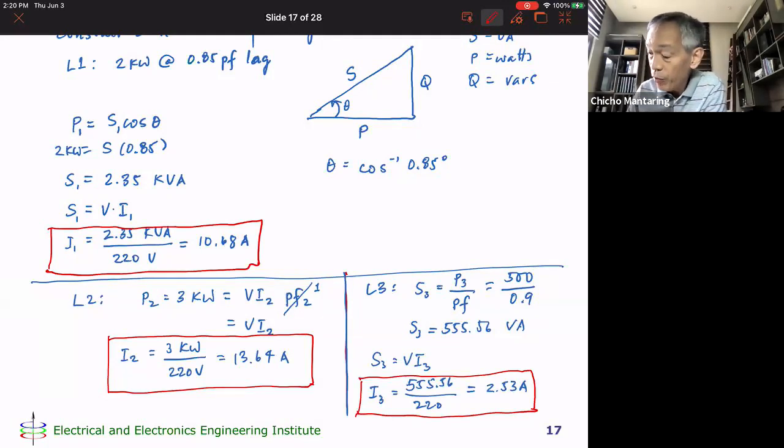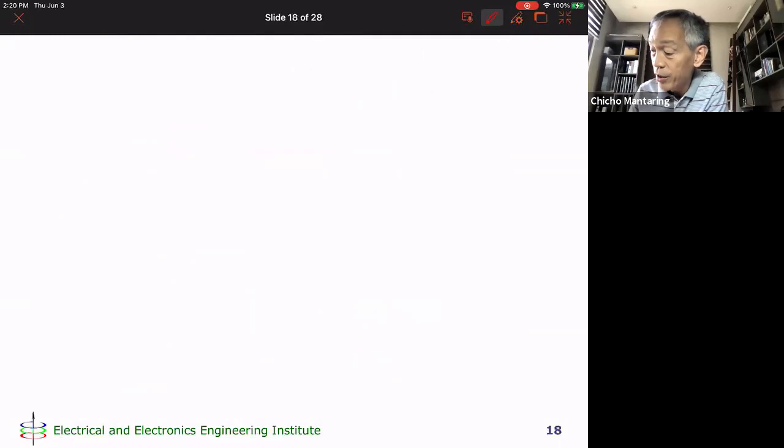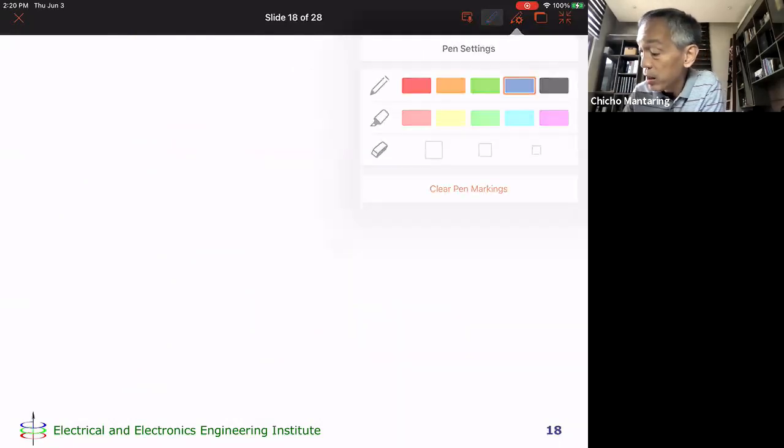Finally, we have load 4, 1 kilowatt, 0.95 power factor lag. So this is load 4. Okay, P4 is equal to 1 kilowatt. This is V times I4 times your power factor, which is your cosine theta.